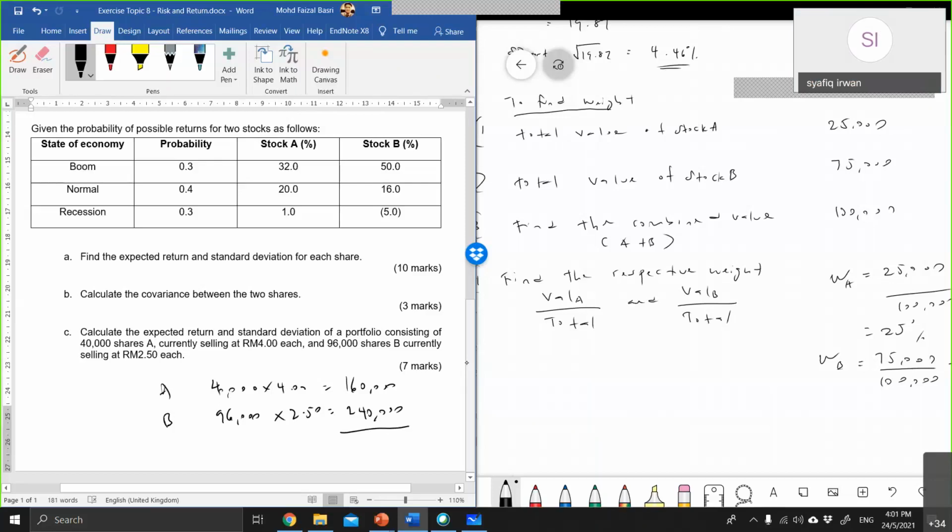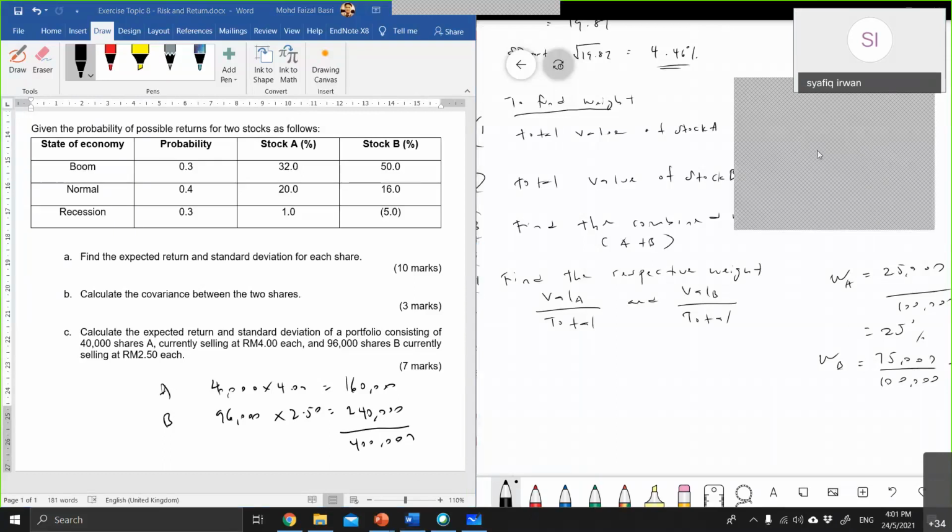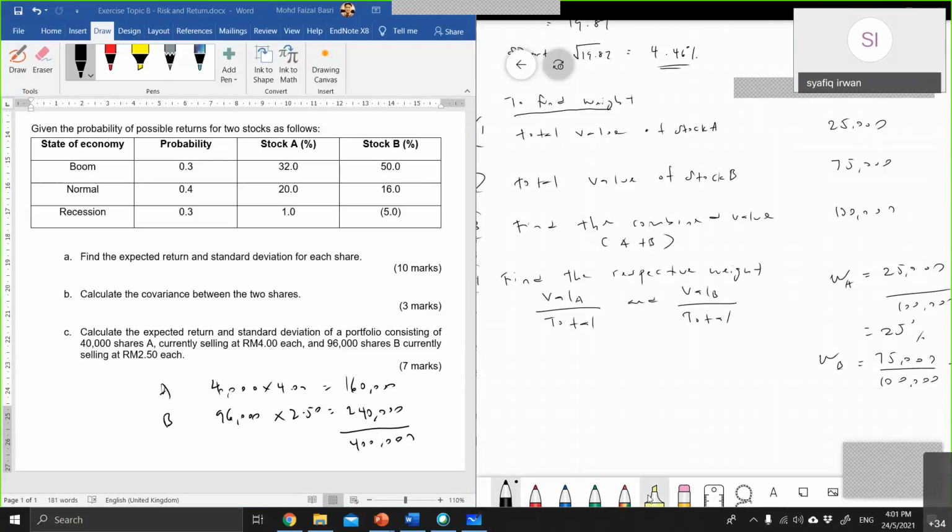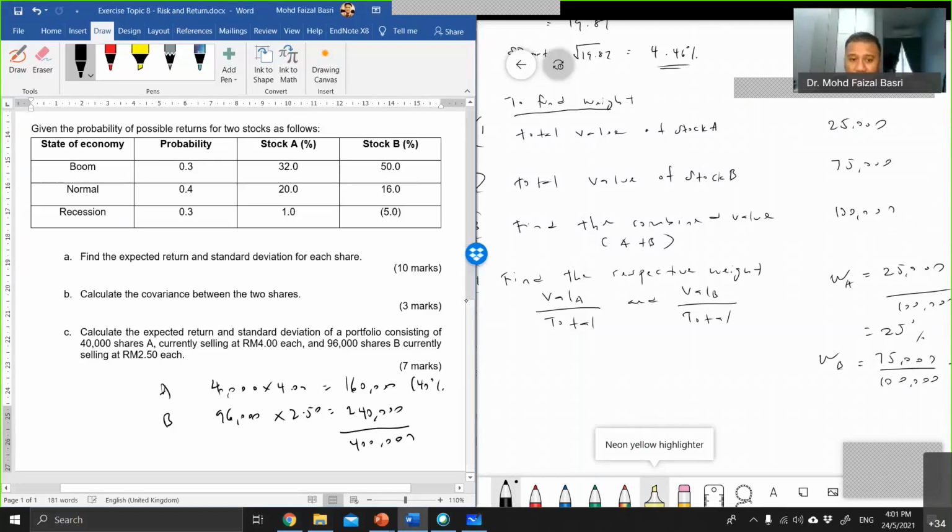So the total is 400,000. From this, then you can find the weight respectively. So 160 divided by 400, it's 40% here.